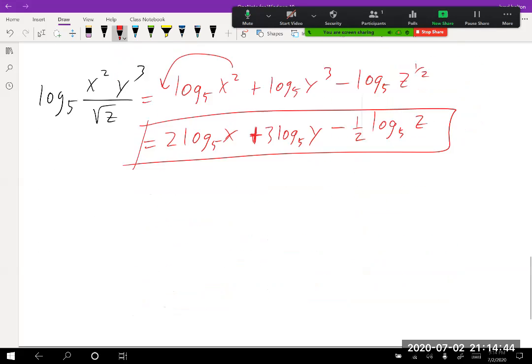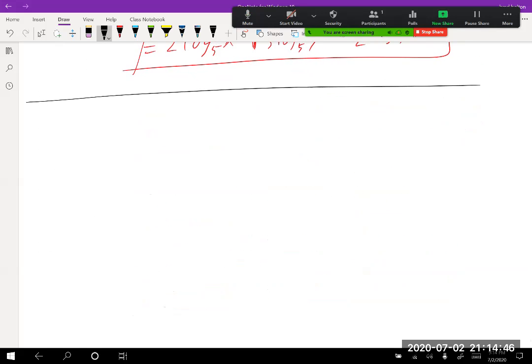Okay. Now let's go the other way. Write the following as a single log.